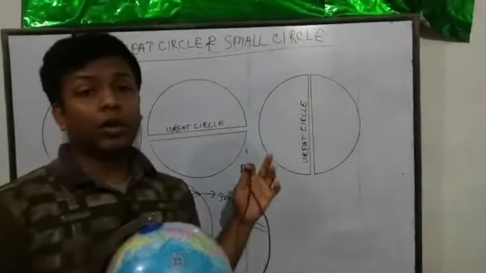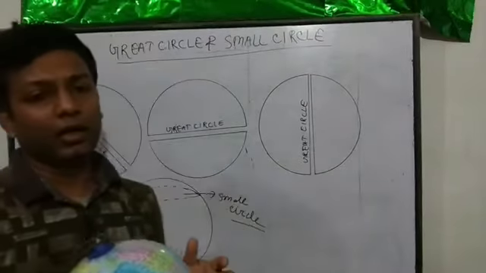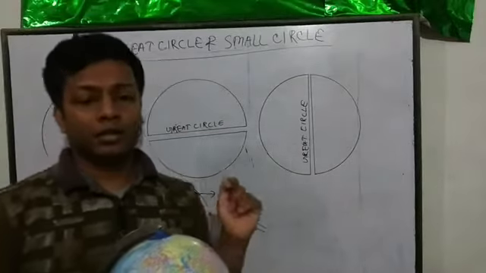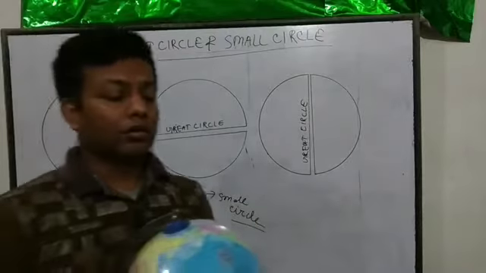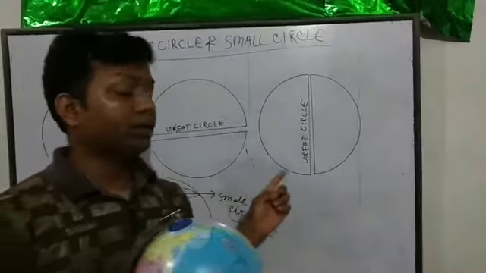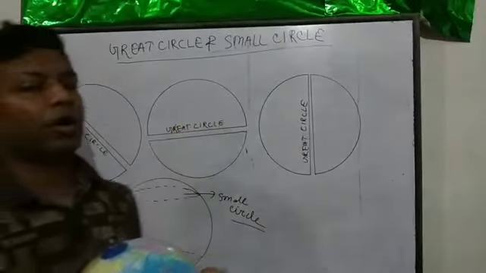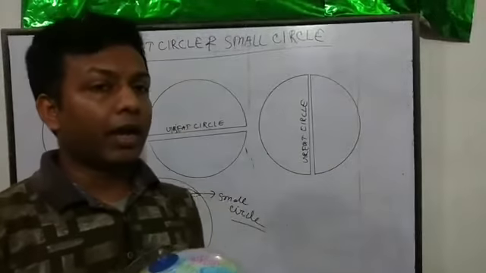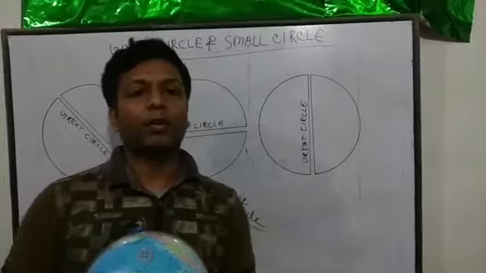Okay, so in navigation and in air traveling, we would like to use the great circle to save our fuel and save our time. Okay, but on land it is not possible because we have so many hurdles.